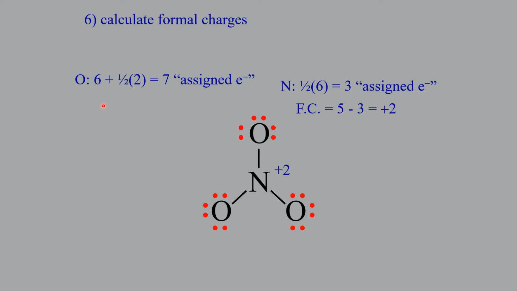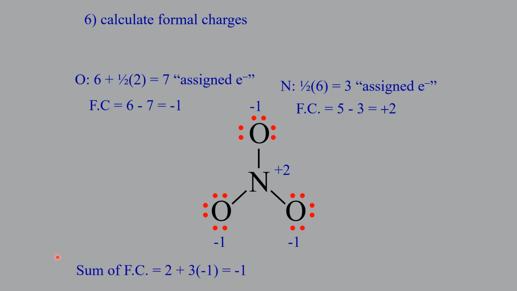The oxygens, it has 6 unshared electrons, one shared pair, so it gets half of those 2, giving it a total of 7 electrons, and they're all the same. And oxygen normally has 6 valence electrons. It has 7 in this structure, giving it a formal charge of -1.